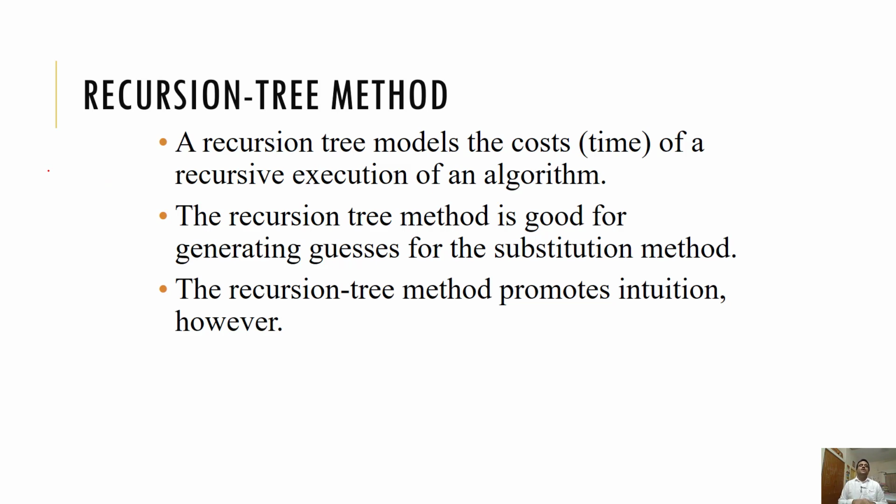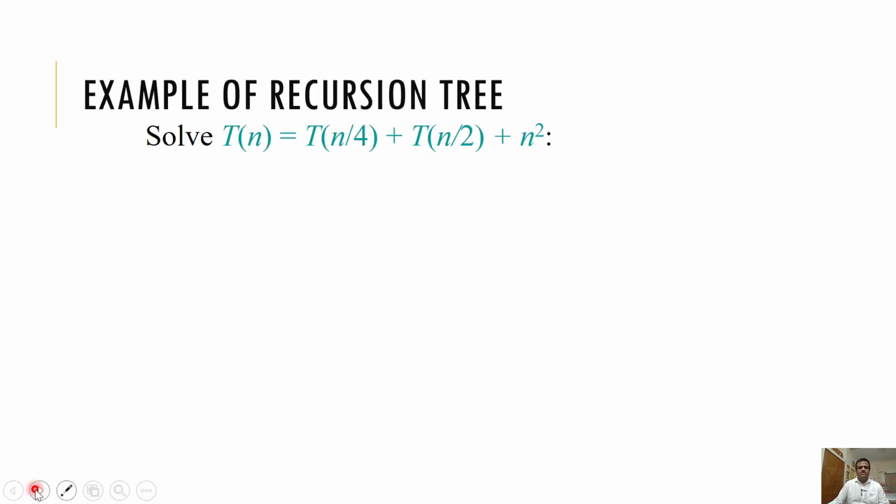This recursive tree model will help us to guess the solution, because for the substitution method we need to guess the solution. So, from where we can get this intuition of what the solution is, the recursive tree method can give us. So, it is a good idea to guess the solution.